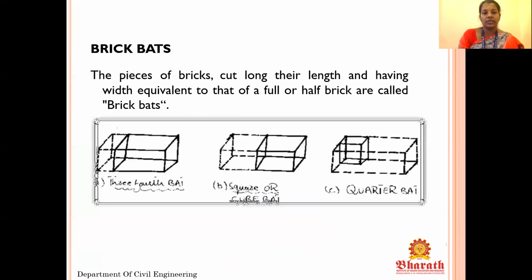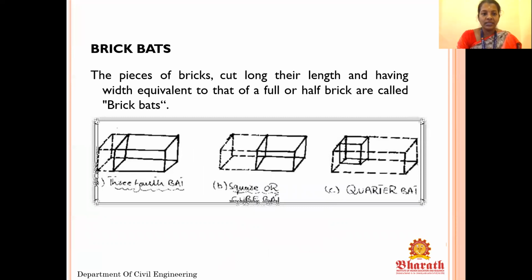That is called stretcher. So this is brick bat. Brick bat is a piece of brick cut along its length and having a width equivalent to that of a full or half brick. When the brick is cut into portions, it is called a brick bat. Here we can see three images showing a 3/4 bat, a square or cube bat, and a quarter bat.